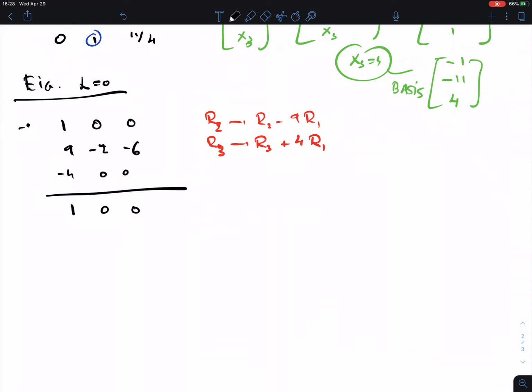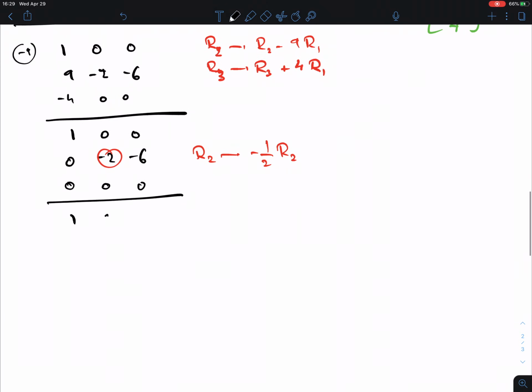So I'm multiplying this with negative 9, so I get a 0 there, negative 2, negative 6. And now I'll multiply with 4 and add up, that is 0, 0, 0. And well, we're almost done. We just have to get a 1 here, so I'm going to row 2 minus a half row 2, and finish with 1, 0, 0, 0, 1, 3, and then the zeros I'm not writing anymore.